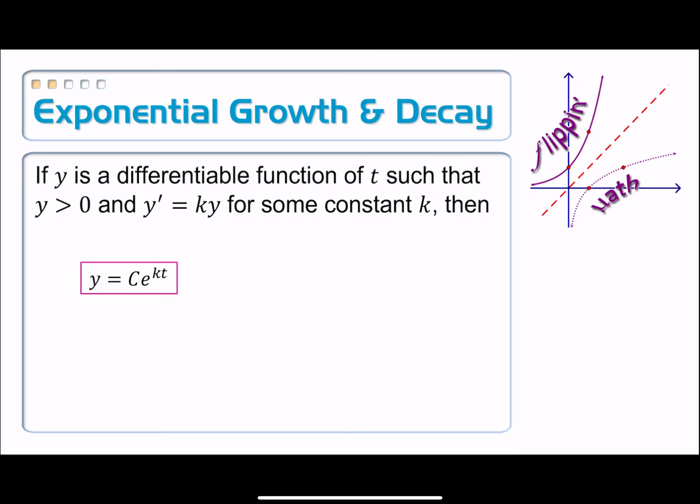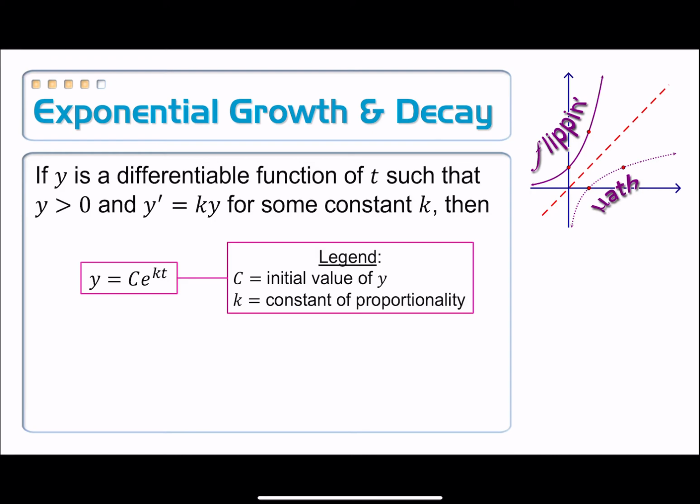And some properties of that: the c value that's in there is our initial value of y. If it's in terms of a population, of course, it's the initial population. If it's in terms of finance, it's the initial amount of your investment. K is our constant of proportionality.